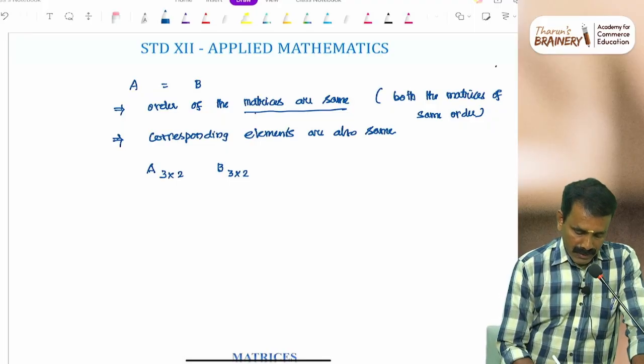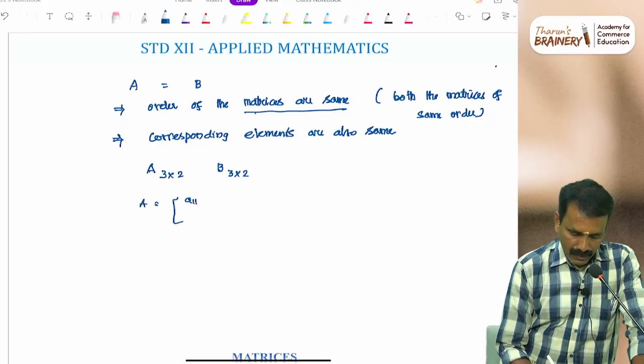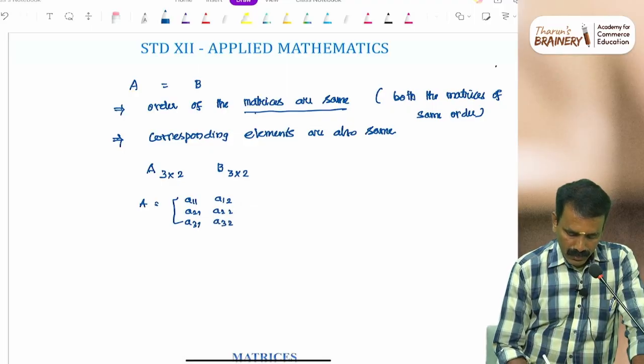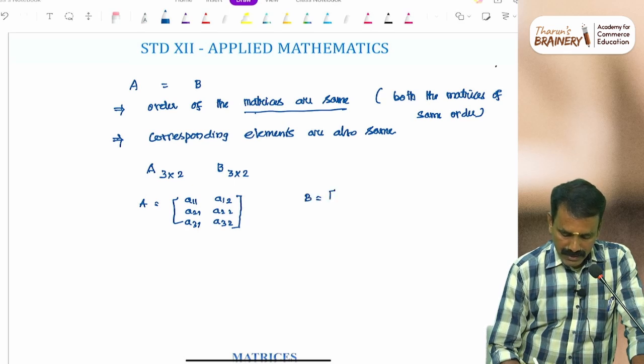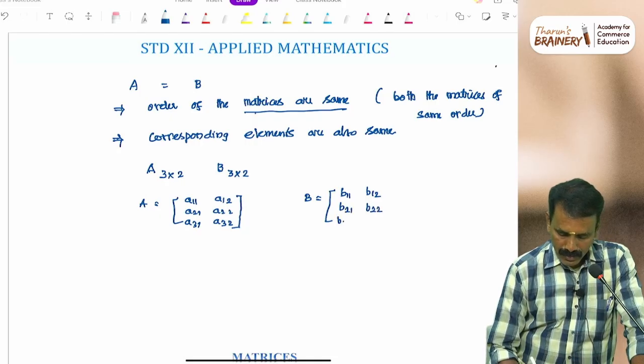A has the entries A11, A12, A21, A22, A31, A32. B has the entries B11, B12, B21, B22, B31, B32.